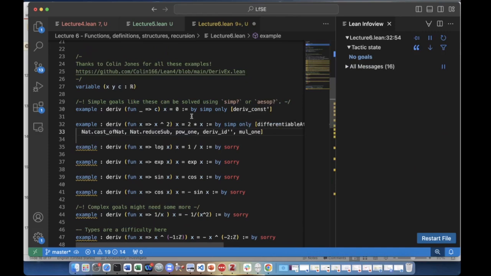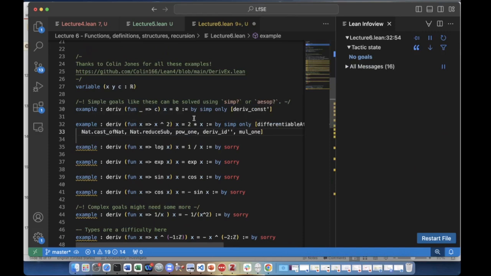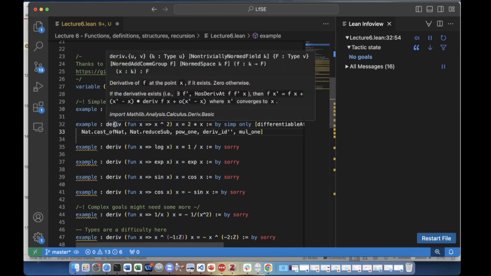Now let's unpack how each of these things is stated. And so I'm going to move slowly and put my cursor intentionally in some different places so you can see what the different types are. And so the first thing is putting the cursor over deriv. And this is defining this.